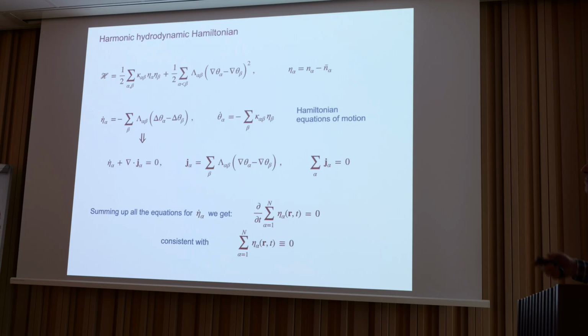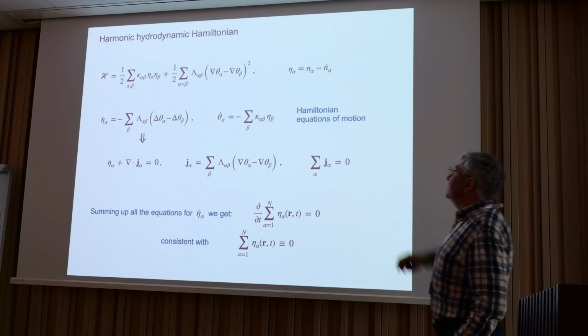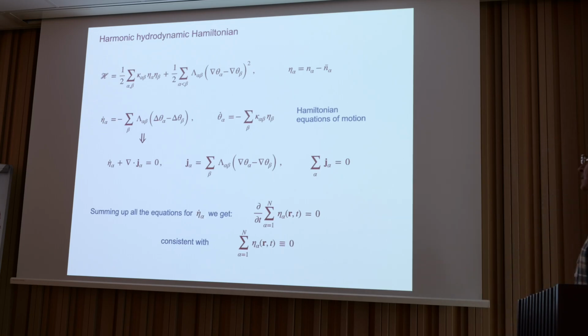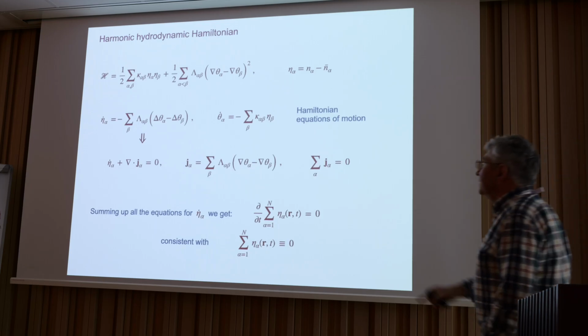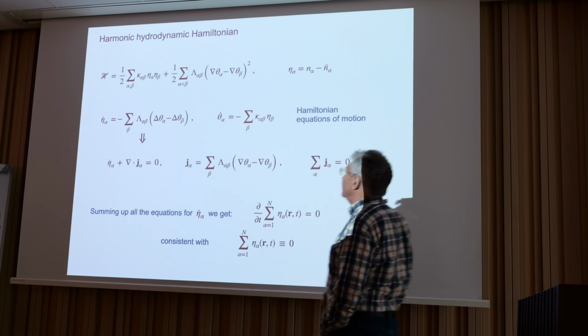So this hydrodynamic Hamiltonian, speaking generally, does not necessarily need to be harmonic, but this is a harmonic version. So we have the following fields. We have the fields which are deviations of the density from some expectation value, from some equilibrium value. So this is the structure of the Hamiltonian which enforces compact gauge invariance.